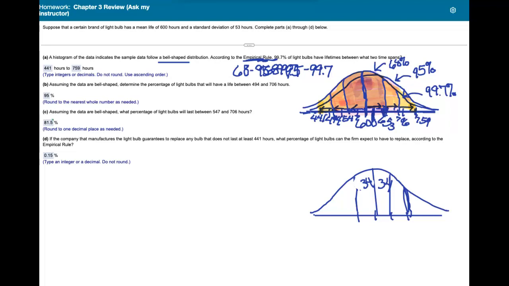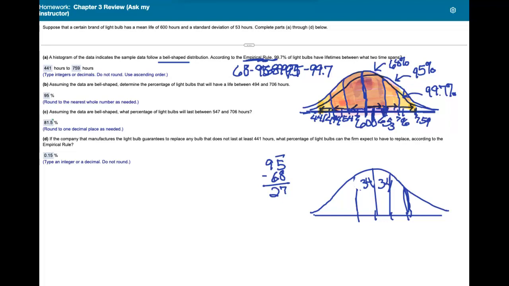And then for this little piece right here, we've got to subtract 68 from 95, which gives us these two blocks, and then divide it by 2. So 95 subtract 68, and then divide that difference by 2.